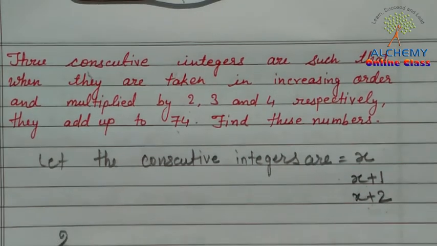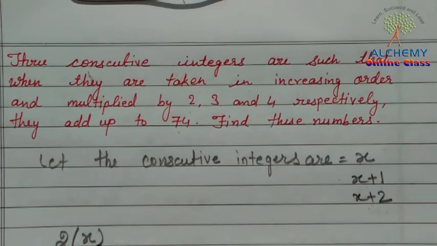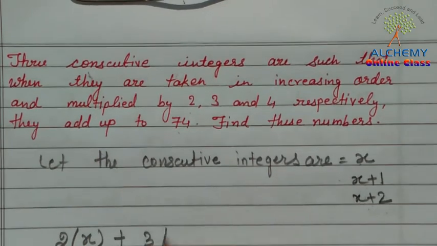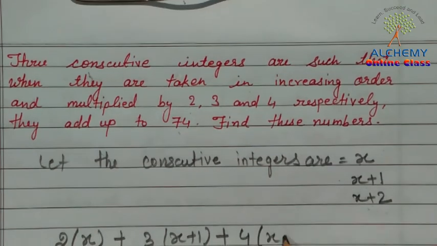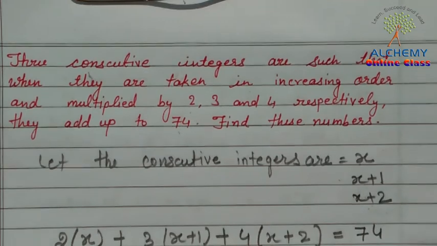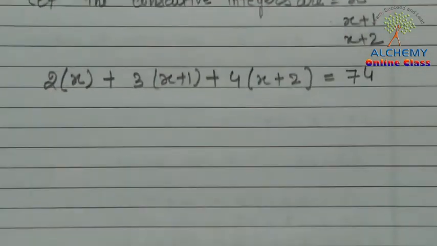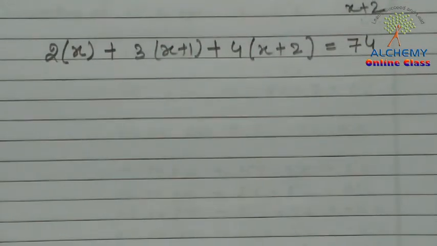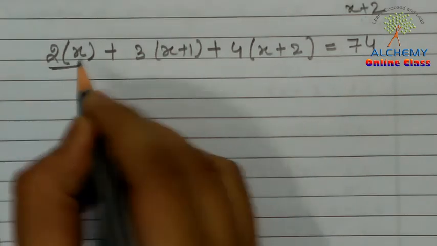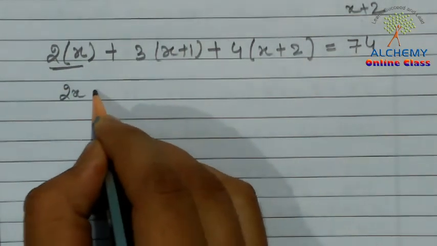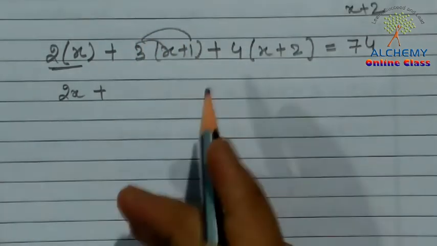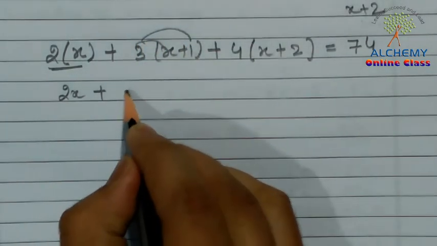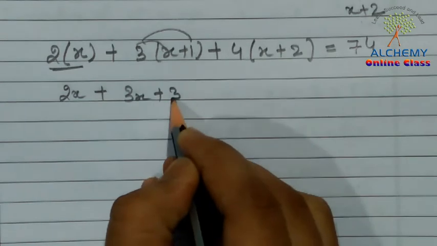So 2x plus 3 times x plus 1 plus 4 times x plus 2, and we get the result 74. Okay, open the brackets. When we multiply, we get 2x plus 3x plus 3.